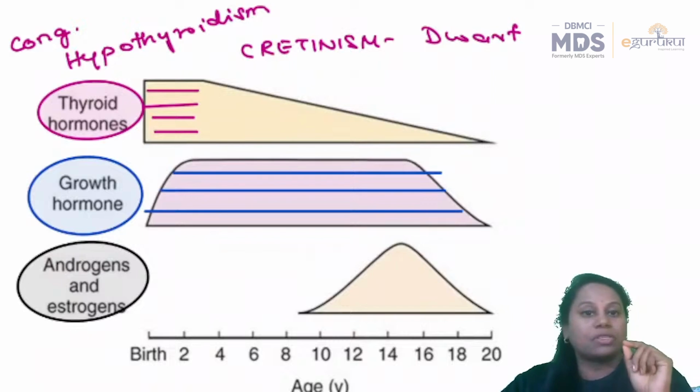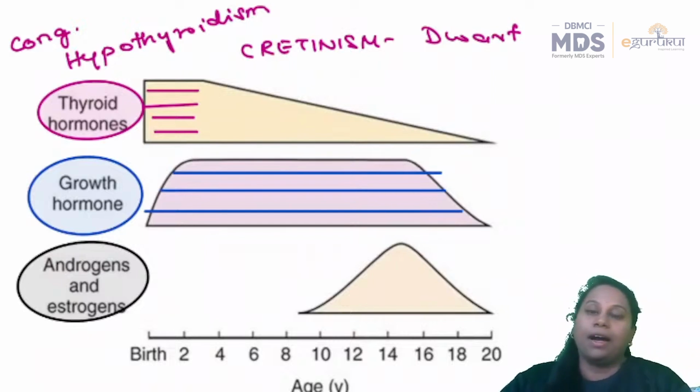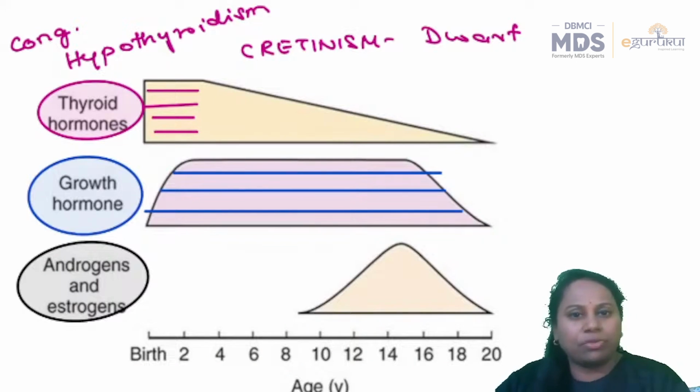Why? Because thyroid hormones are important for the immediate neonatal growth. After birth, the immediate growth is because of thyroid hormone. If a baby is born with thyroid hormone deficiency, it presents with dwarfism. Growth is stunted in cretin babies.